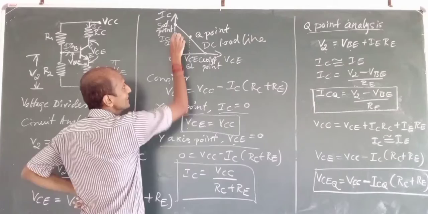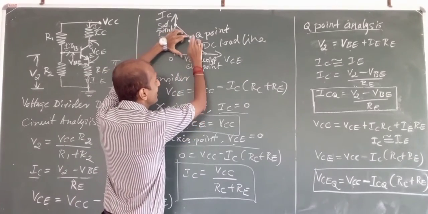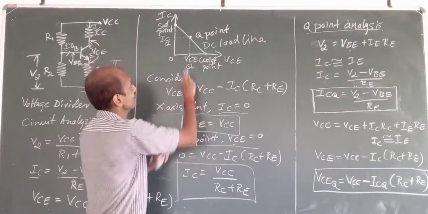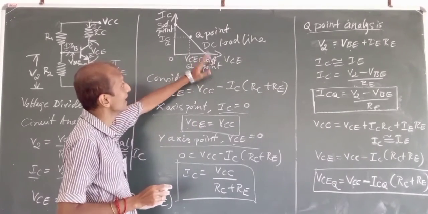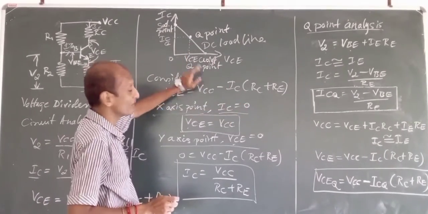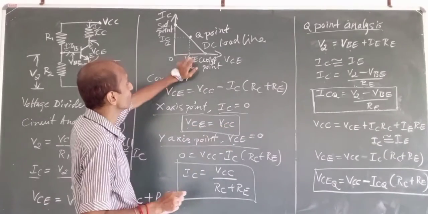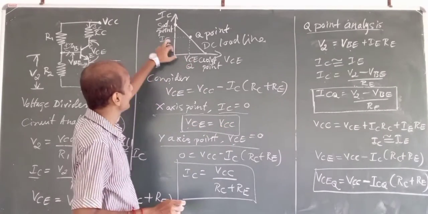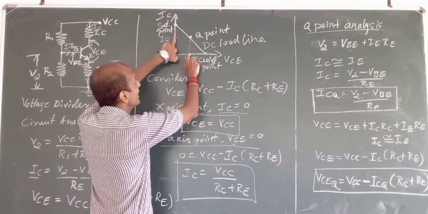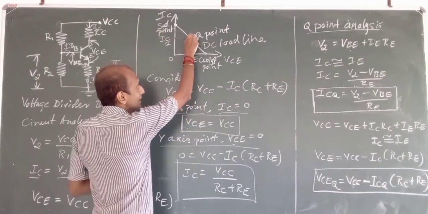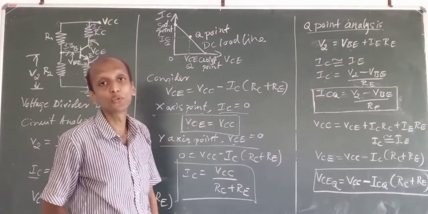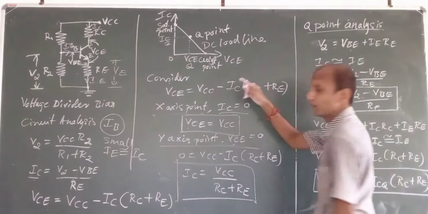After finding these two things, they will meet at a point, that is your Q point. Fine? So after drawing the DC load line, I should go for Q point analysis, where I find VCEQ and ICQ, and their values intersect at a point. That point is called the Q point.